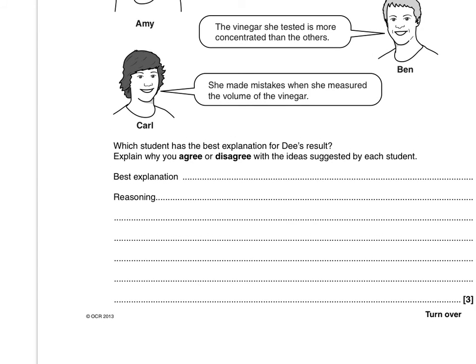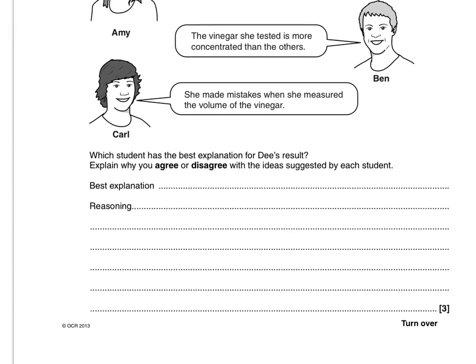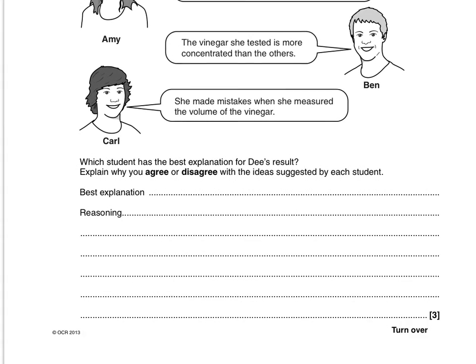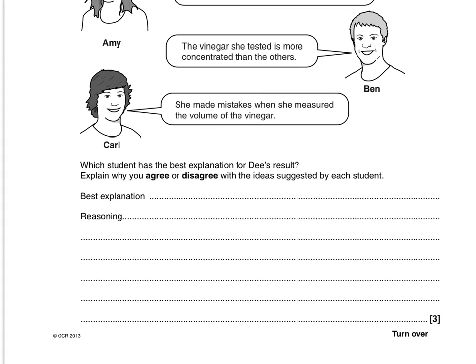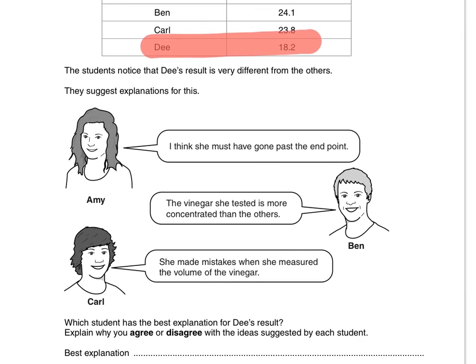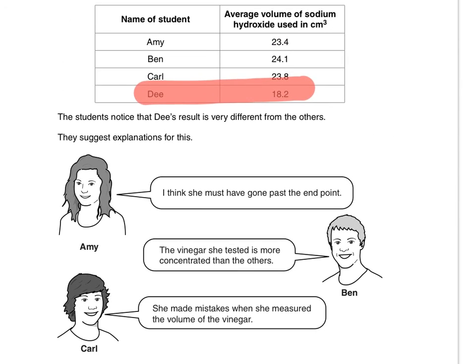Which student has the best explanation for D's result? Explain why you agree or disagree with the ideas suggested by the other students. This one requires a little bit of thinking and cross-checking with the table. The first thing we notice is that D's result is lower than the others, and that's important.